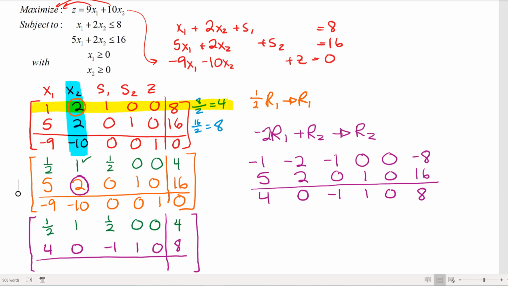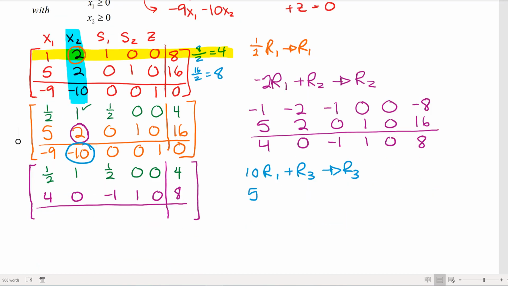And now I need to get the negative 10 to become a 0. In order to get it to become a 0, I have to take the opposite of negative 10, which is positive 10, multiply it by the row with the 1 in it, which is row 1, and add it back to row 3. 10 times 1/2 is 5. 10 times 1 is 10. 10 times 1/2 is 5. 10 times 0 is 0. 10 times 0 is 0.